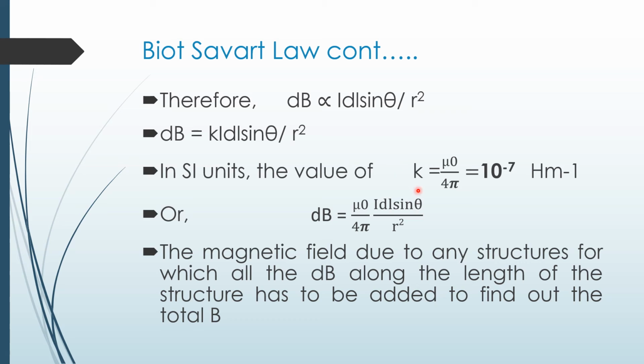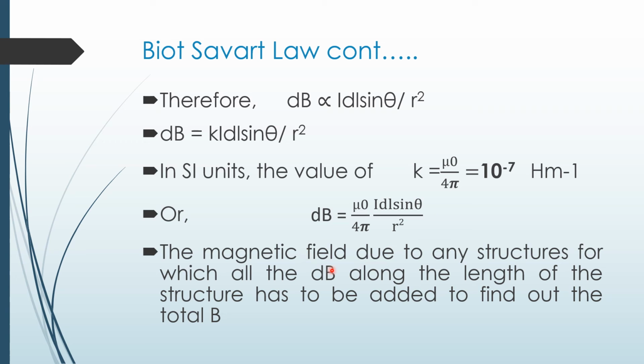And the value of k is mu 0 upon 4 pi, which is nothing but 10 to the power minus 7, and its unit is Henry per meter. So when we substitute the value of k in this equation, the equation becomes dB is equal to mu 0 upon 4 pi into I dl sin theta upon r square.